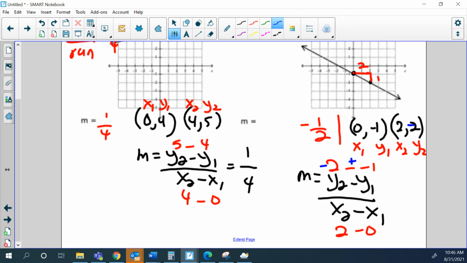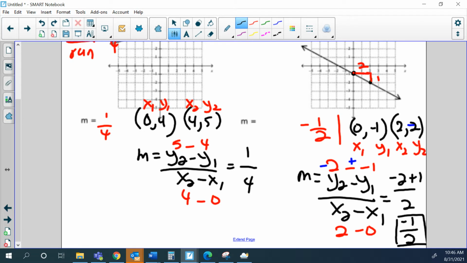All right, so this should give me negative 2 plus 1 over 2 minus 0 is 2. Negative 2 plus 1 is just negative 1 over 2. All right, guys. Sorry about that. Okay, the second point is 2 comma negative 2. That's where I made my mistake.